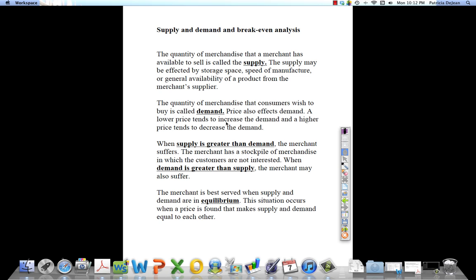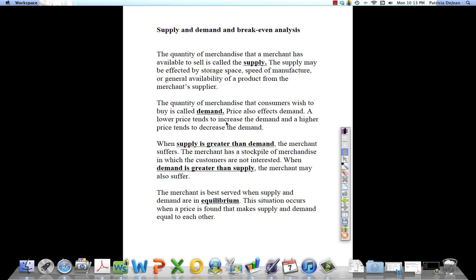And what he has available can be affected by a lot of things. Examples here are storage space, how fast he can manufacture these items, general availability of product, maybe raw materials from the merchant supplier. Different things can affect that supply.